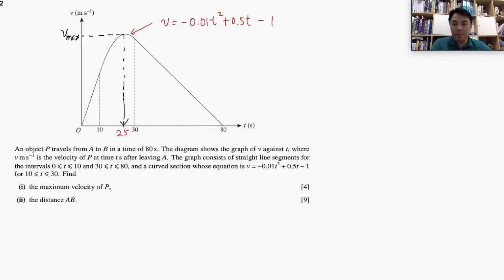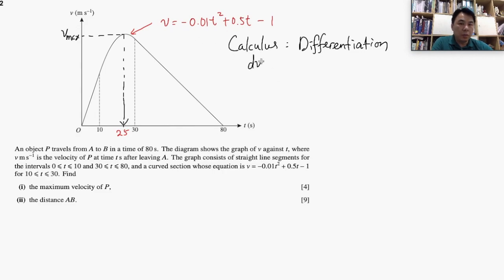So the second method to obtain the maximum velocity is by using calculus, differentiation in this case. We are given v equal to this.